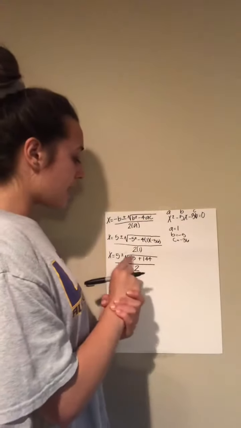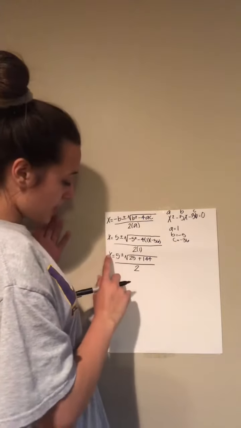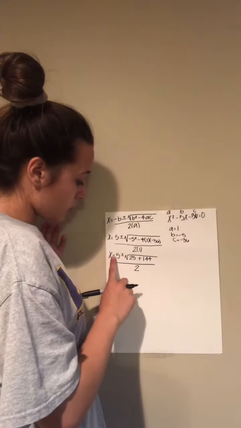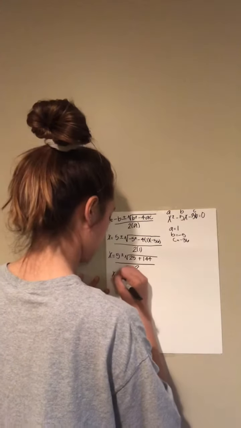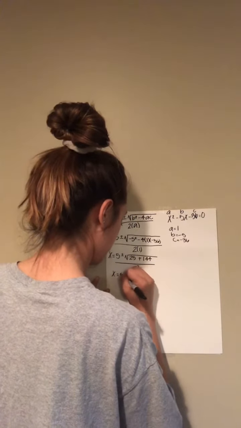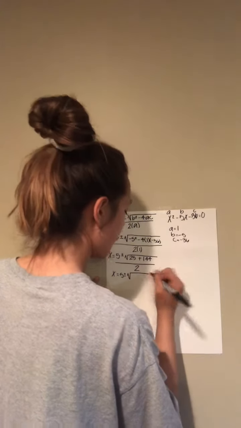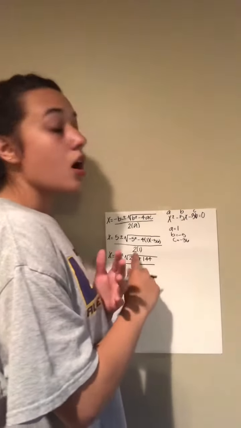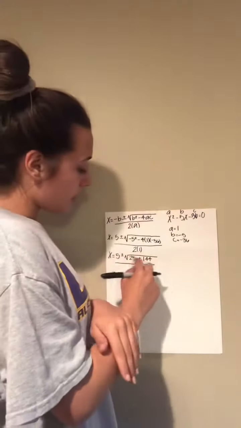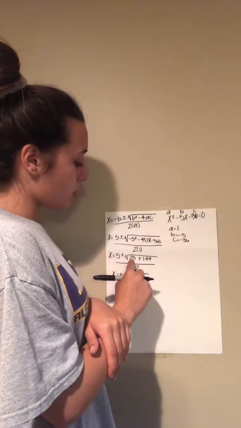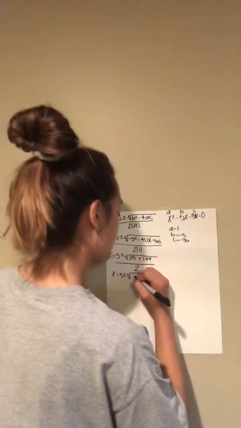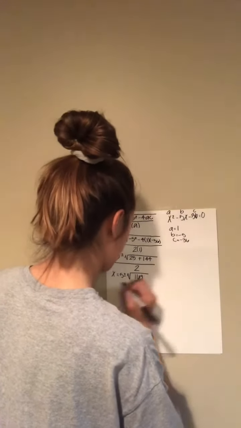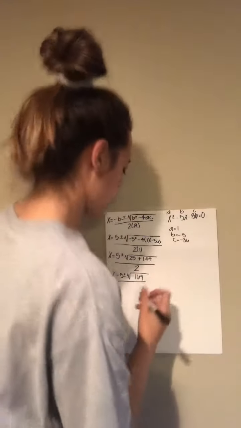So 5 plus or minus the square root of 25 plus 144, all over 2. Okay? The next step is to bring down x and your equal sign, 5 plus or minus, so bring those down. And then you deal with whatever's in the square root. In this case, what's left in our square root is 25 plus 144, and that equals 169. Next, bring down 2.